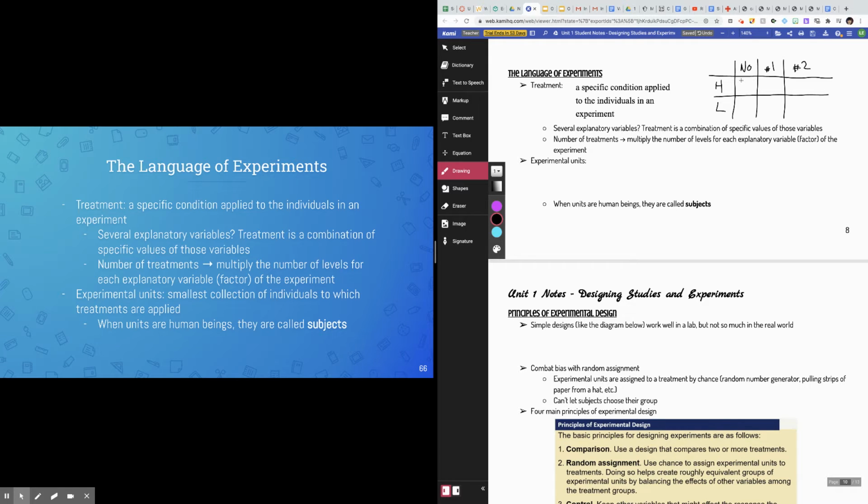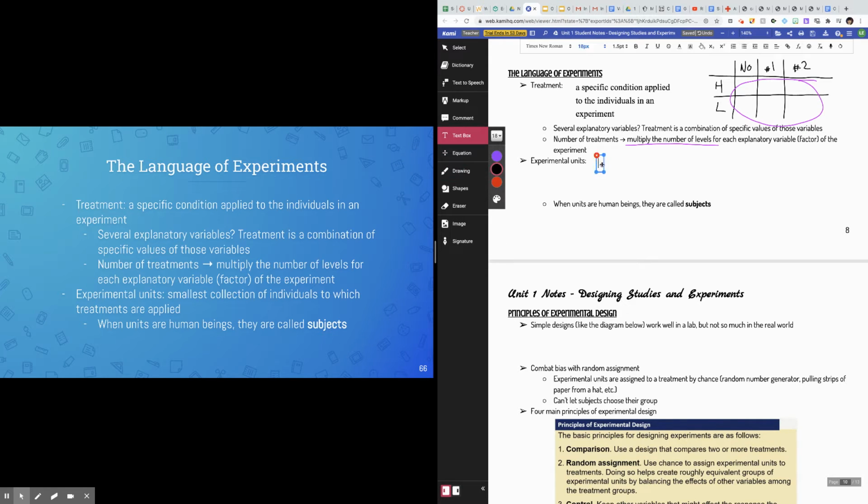Okay, so there's 6 total treatments here, right? These would be your 6 treatments, right? High temperature, no fertilizer, high temperature, fertilizer 1, high temperature, fertilizer number 2, etc., right? So this is what I mean by multiply the number of levels for each explanatory variable of the experiment, okay?